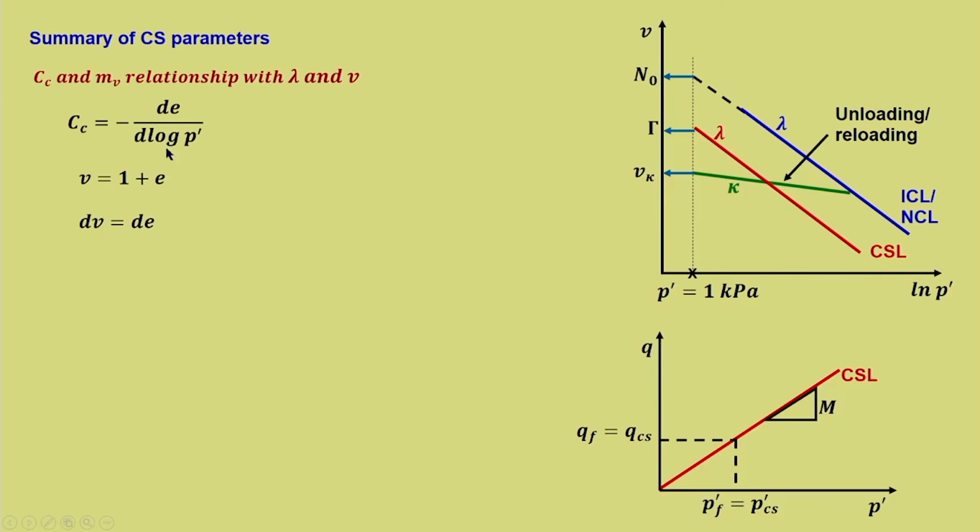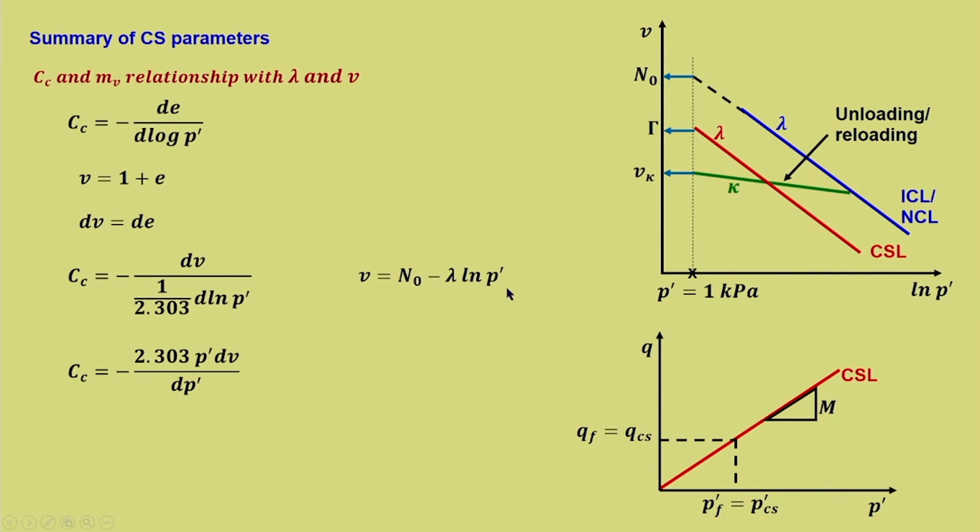Substituting, Cc equals minus dV upon d log P dash, and d log P dash can be written as 1 by 2.303 d ln P dash. Now d ln P dash is 1 by P dash into dP dash. So that gives Cc equal to minus 2.303 P dash dV upon dP dash.